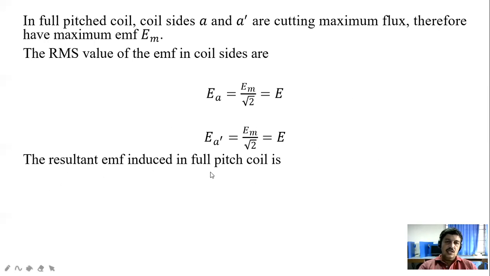Therefore, the resultant EMF induced in a full pitch coil is ER equal to EA plus EA dash, which is equal to 2 times E. This is the resultant EMF induced in a full pitch coil.